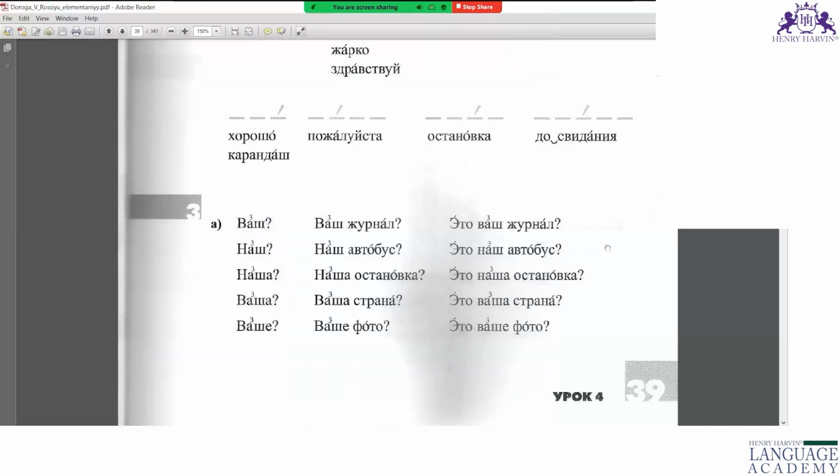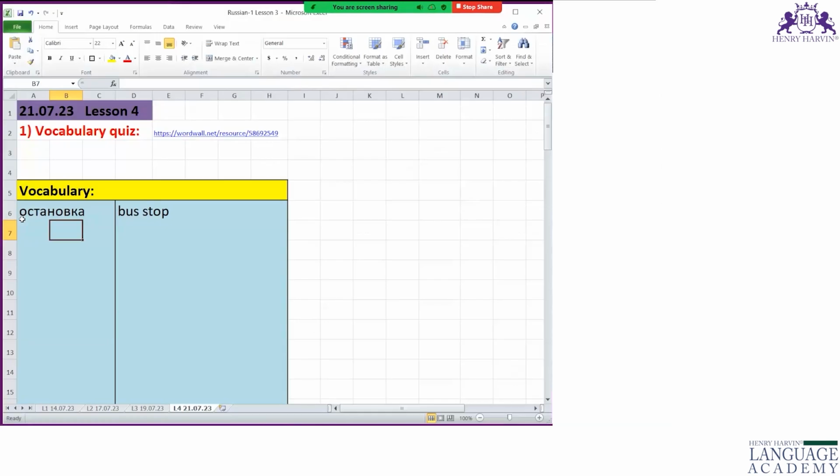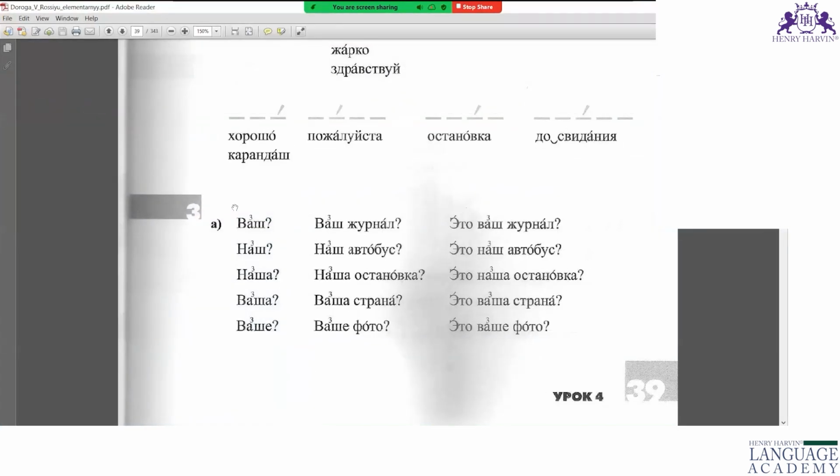And we have one more word here, карандаш. Карандаш is a pencil. In the word остановка, the first О we read not as O but as A, because letter O here is not stressed. When it is not stressed, we read it as A. Остановка, карандаш. Okay. Так, идём дальше.